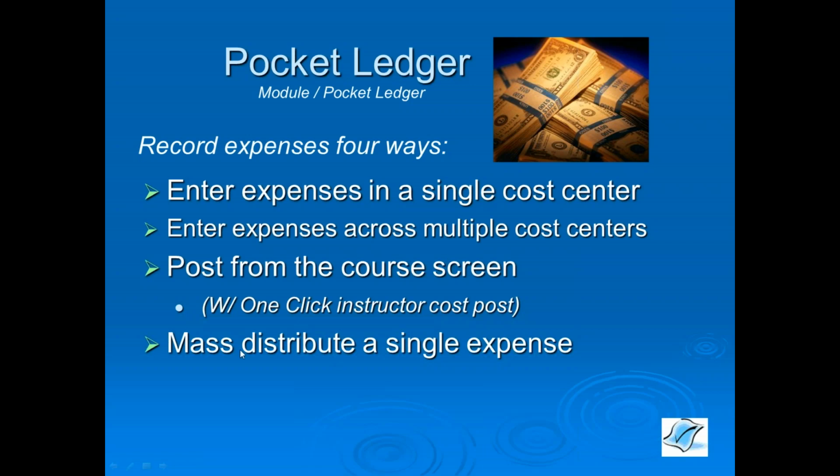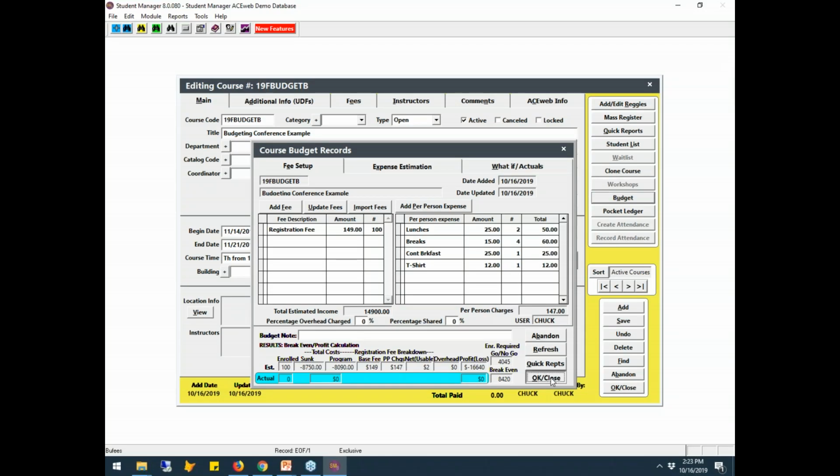And for things like a catalog expense, $15,000, but it has 200 courses in, you can mass distribute a single overhead expense to individual courses so that you actually have a relative view of what the revenue or loss is on any given course. And where do you do that? From Student Manager.